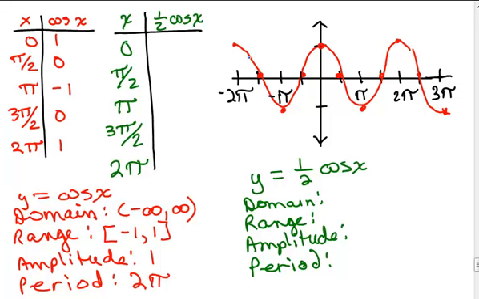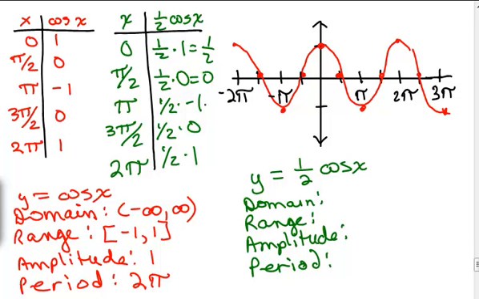So I have 1/2 times 1, 1/2 times 0, 1/2 times -1, 1/2 times 0, and 1/2 times 1. So you would get 1/2, 0, -1/2, 1/2 times 0 is also 0, and 1/2 times 1 is +1/2.